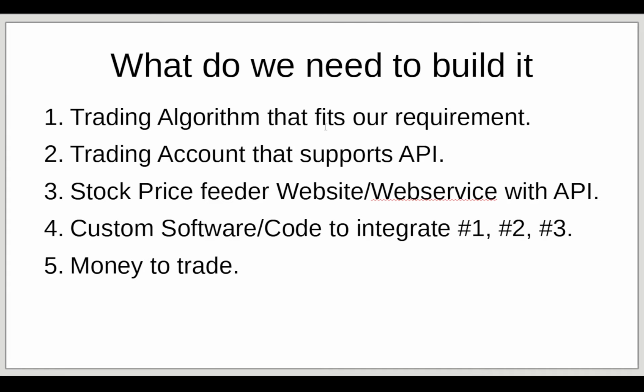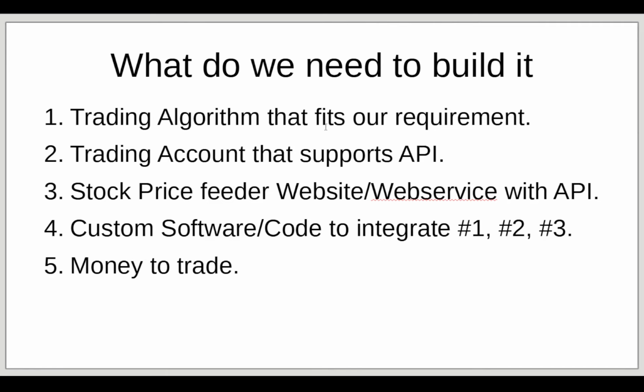So on the one hand, I have a trading algorithm which is on paper, and then number two is I have a trading account which supports API, and the third is the stock price feeder web service where I can get the prices of the stocks on a daily basis or weekly stock price movements, or intraday also. But I told earlier that I won't venture into intraday trading in this particular project.